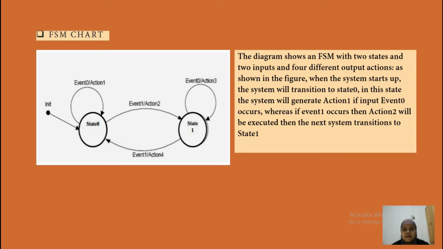When the system starts up, the system will transition to state 0. In this state, the system will generate action 1 if input event 0 occurs, whereas if event 1 occurs, then action 2 will be executed. Then the system transitions to state 1.